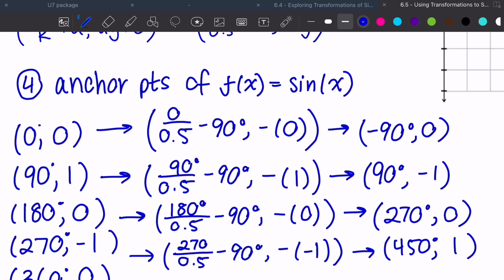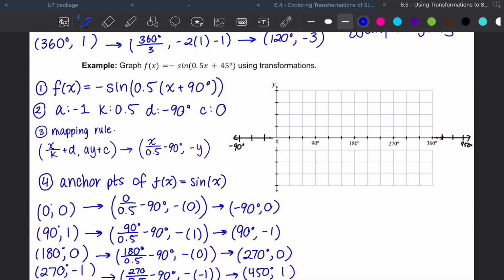So that's going to be our maximum point. And 360, I don't even think we have room for on our scale, but we'll just do it for the sake of finishing the mapping rule. Yeah, see, we'll be all the way over at 630 degrees, 0. So that is gigantic.